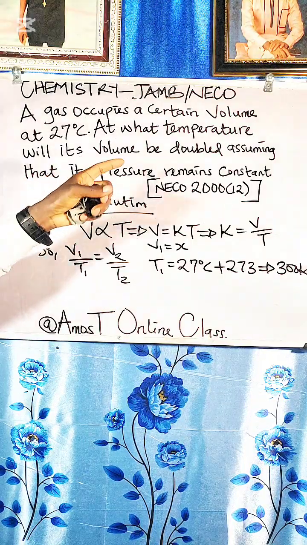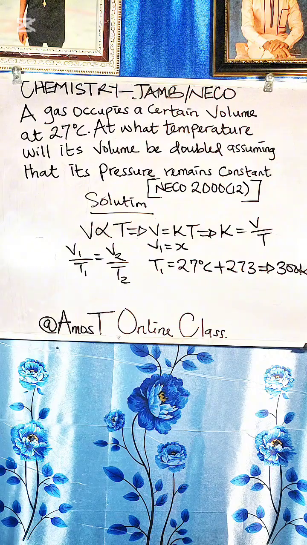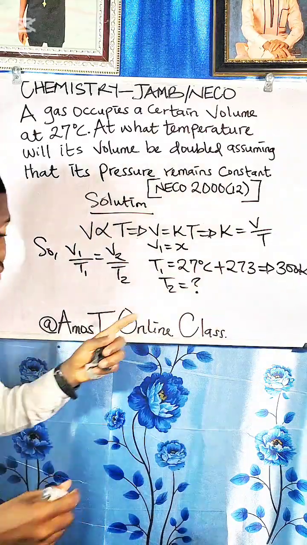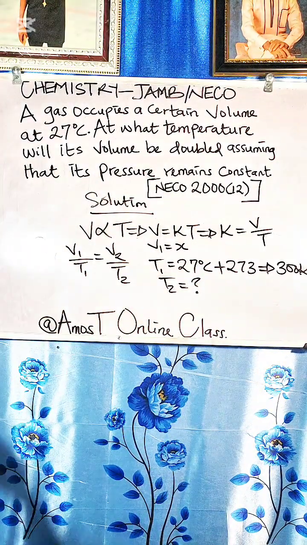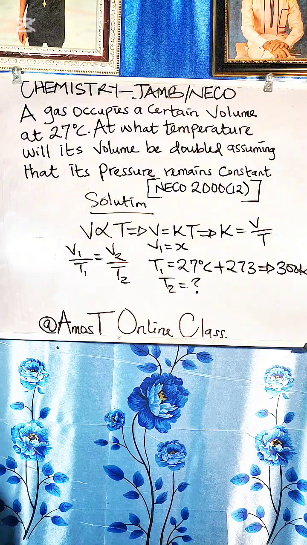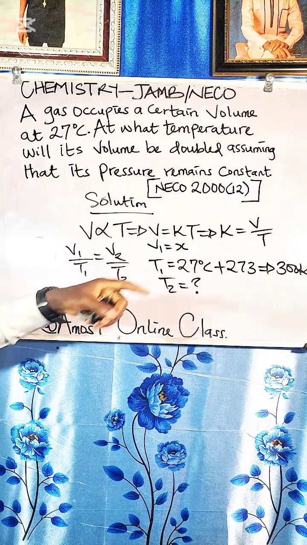Now, the question says, at what temperature will its volume be doubled, assuming that its pressure remains constant, okay? So we're looking for T2. T2 is unknown, okay? Now, also V1, there is no numerical value for V1. Of course, there is no numerical value for V2, okay? Because V2 is equal to 2V1.